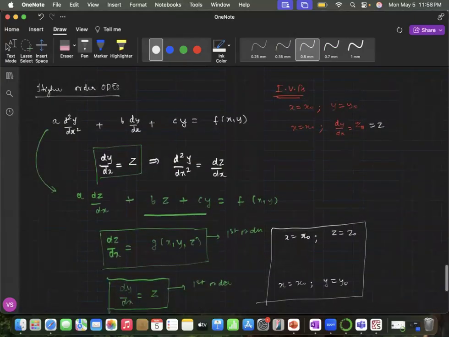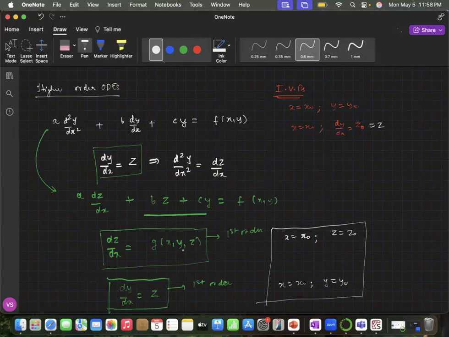Even if you go to a third order ordinary differential equation and you add another term, say d third y by dx cubed, in that case, since this is a third order ODE, you'll have to specify three values at x equal to x naught. So we could specify y equals y naught, dy by dx equals some z naught, and d second y by dx squared equals some u naught.